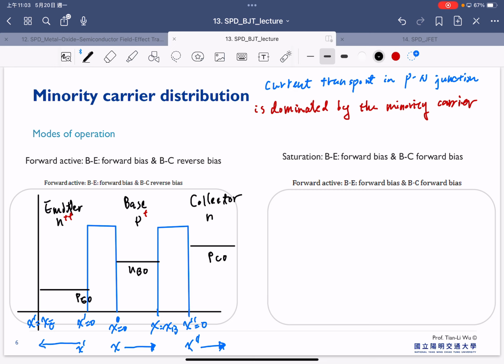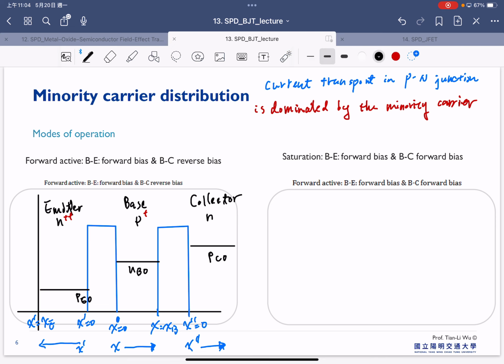And now the next one is we have to draw the distribution here. The distribution is drawn in the way that you need to recall a little bit what we drew in the p-n junction. If you look at the typical case of a p-n junction, we already drew our majority carrier distribution like here, if we only have a single p-n junction, right?